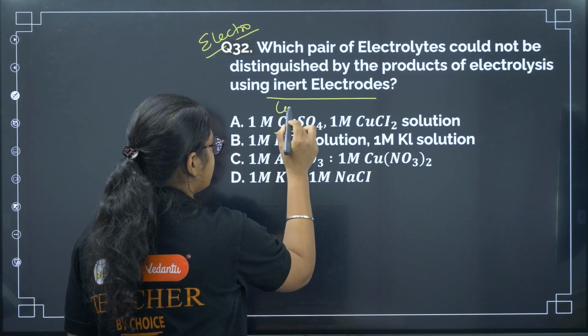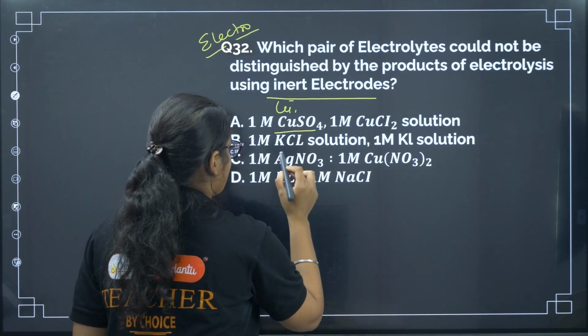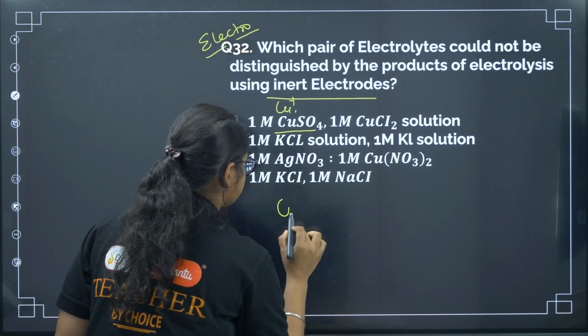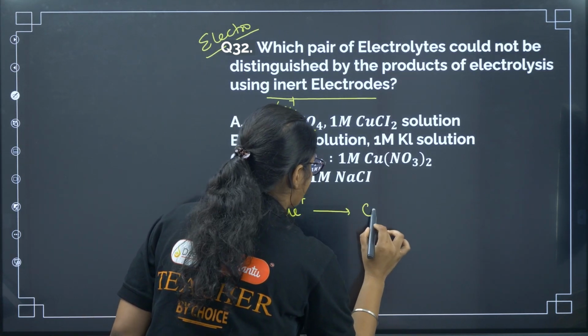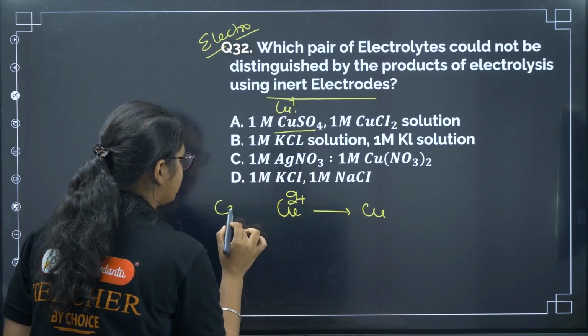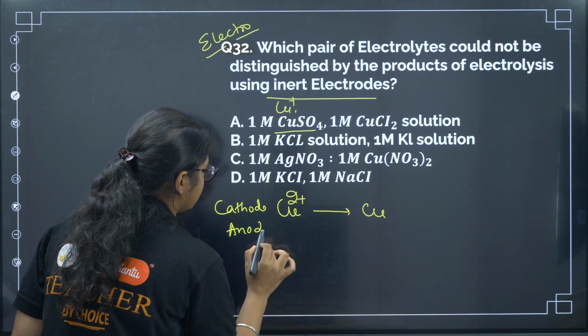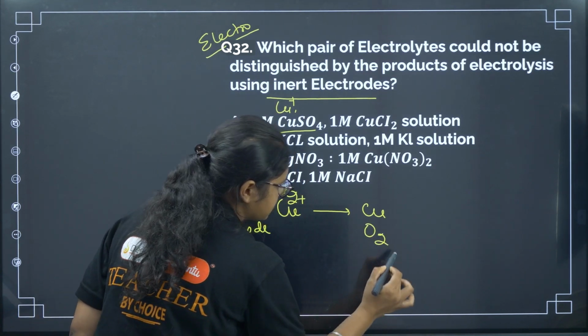The product is copper. Cu2+ will be reduced at the cathode, and this reduction reaction will happen at the cathode. And at the anode there will be oxidation, and oxygen will be produced.